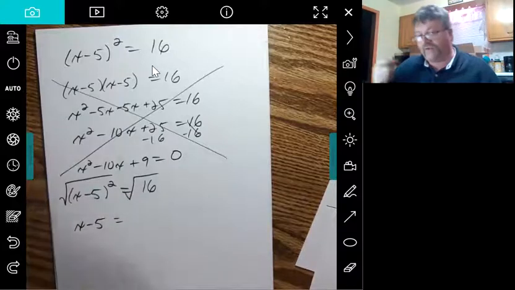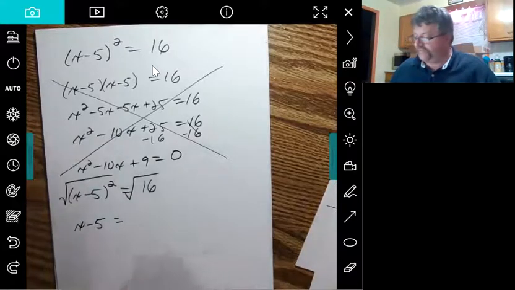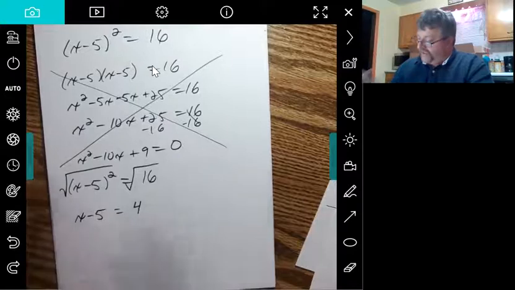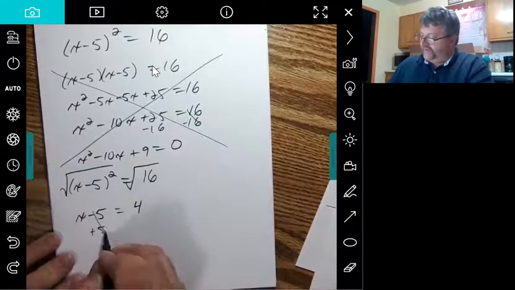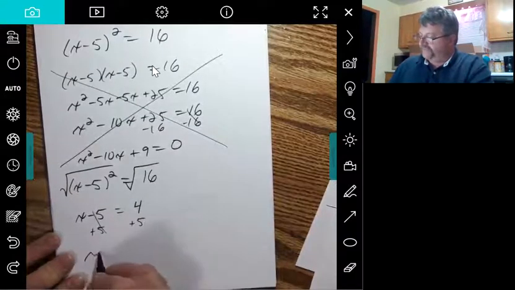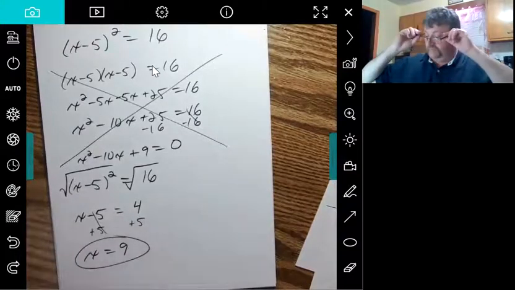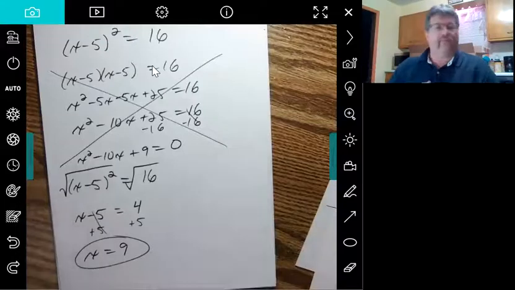I've got a positive 4 and a negative 4, and then we finish it up both ways. But for your purposes, we'll just call it one answer. We'll call it a 4. Not quite done, almost, all right. Add 5 to both sides, x equals 9. Okay, much easier. Take the square root of both sides. Okay, easy quadratic.